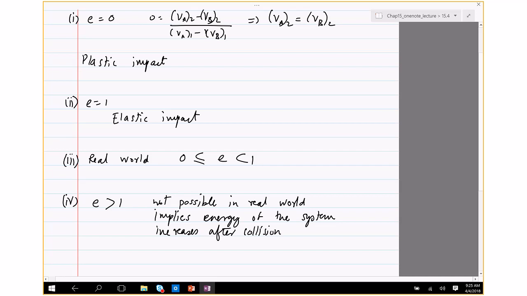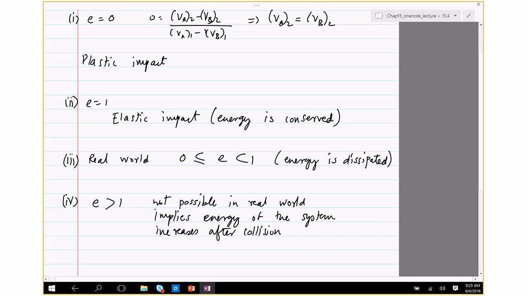E equals 1 means energy is conserved. In the case of E less than 1, it means energy is dissipated. So when E is anything less than 1, energy is dissipated.